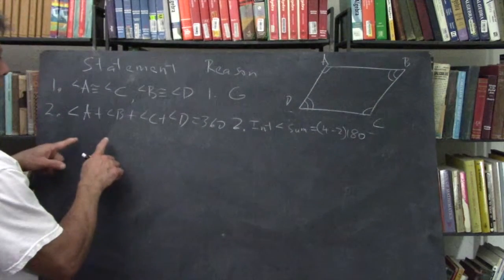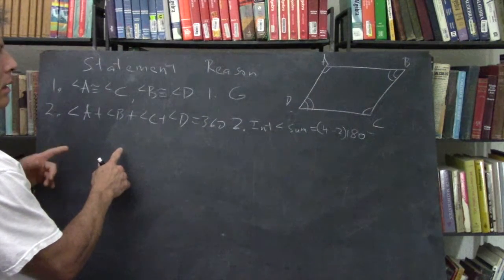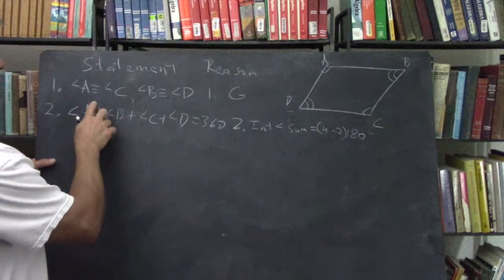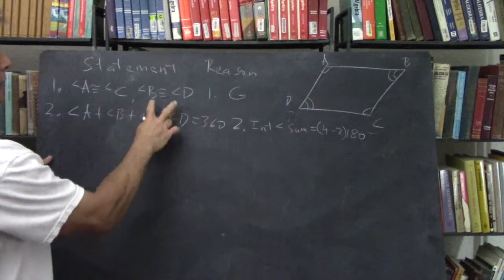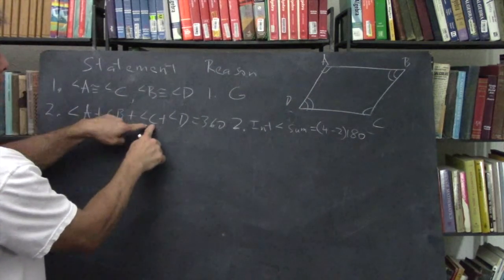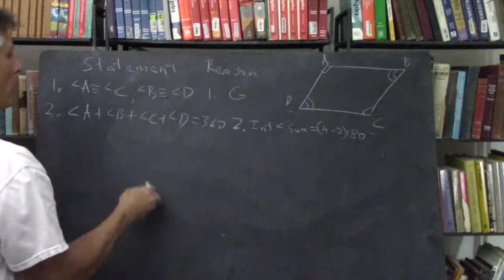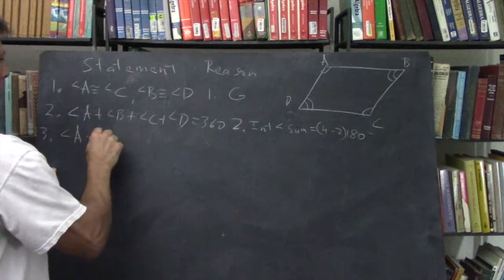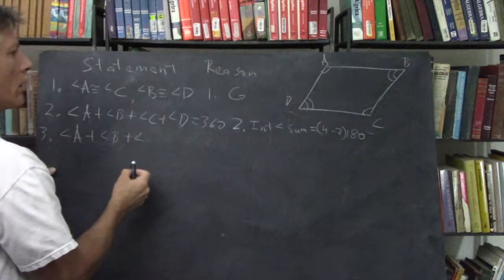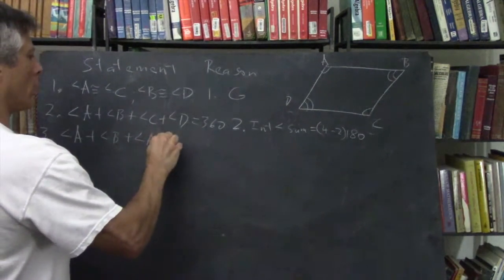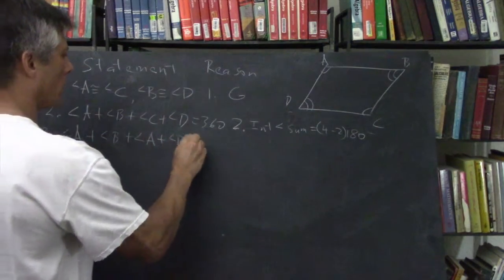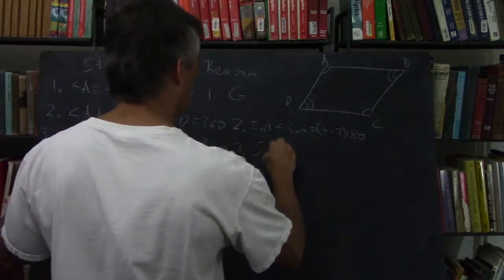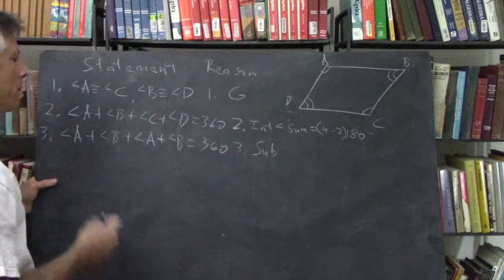But notice that we can put A and B in place of C and D, because A and C are the same, and B and D are the same. So in place of this C, I can put an A. And then I can put a B. That's substitution.